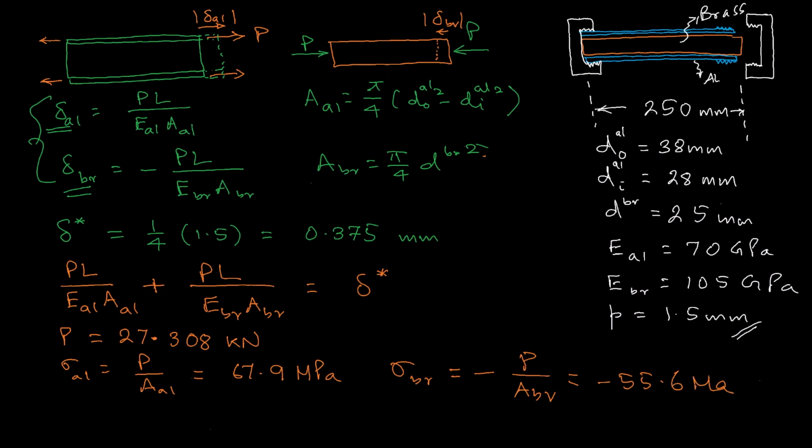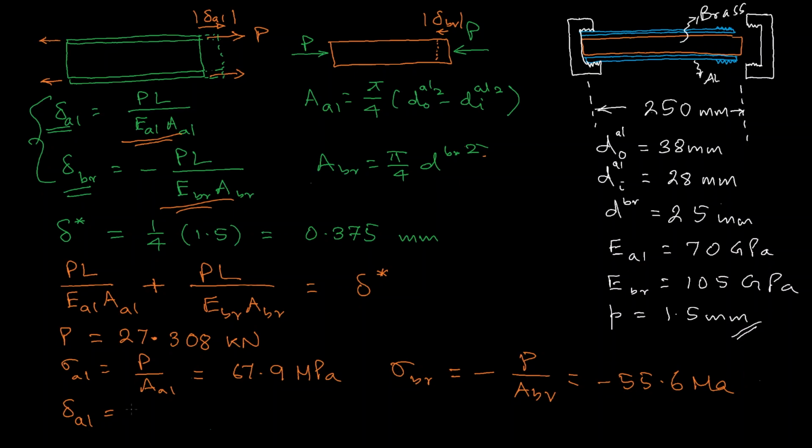And similarly, if we want to calculate the extensions, the delta of aluminum will be calculated from the same equations, so I'll not write it again, you can just check with the answer.